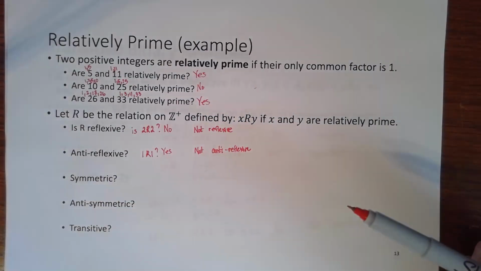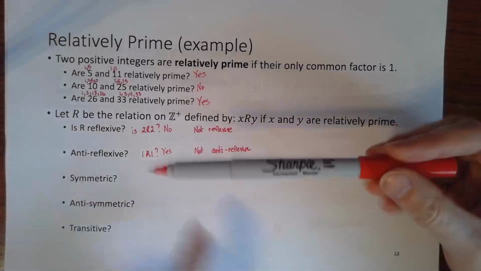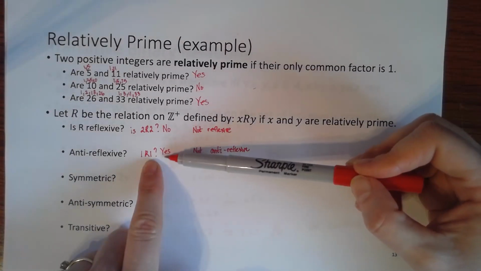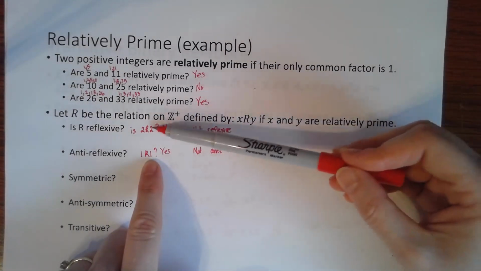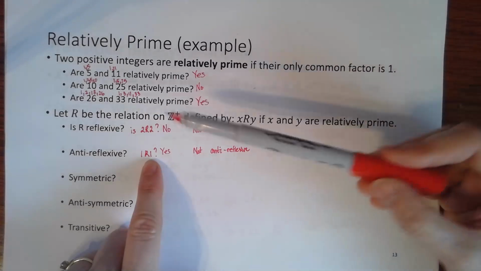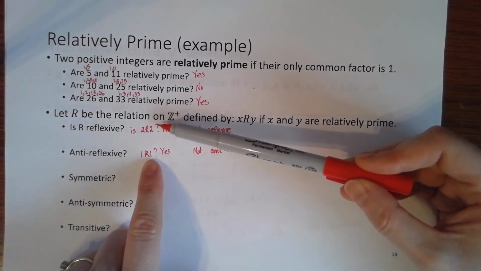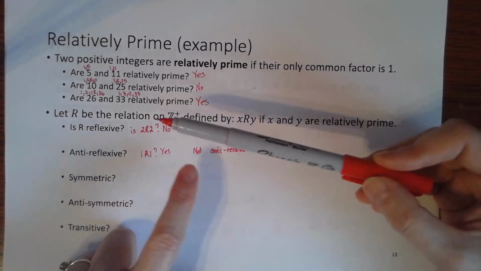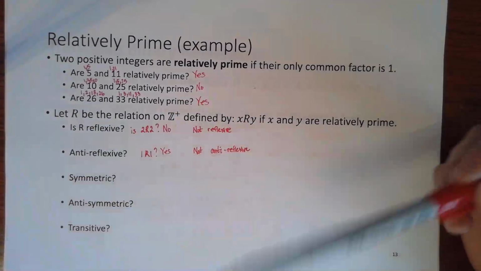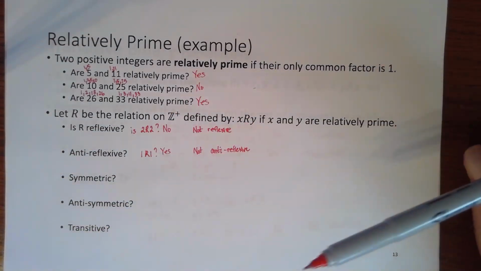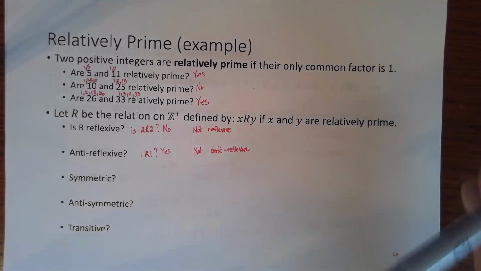After that, 2, 3, 4, 5, forever on, all of those will not be related to themselves. But since it's not always true or always false, it's neither reflexive nor anti-reflexive.